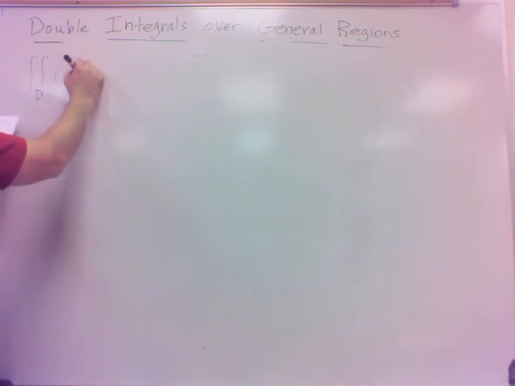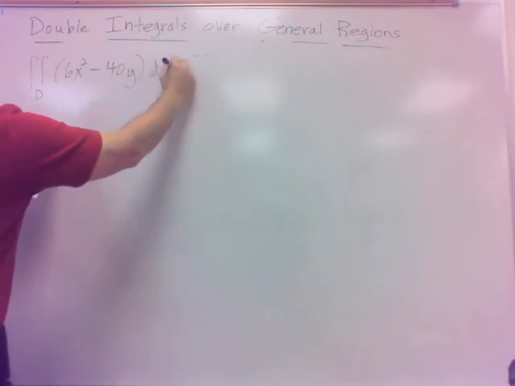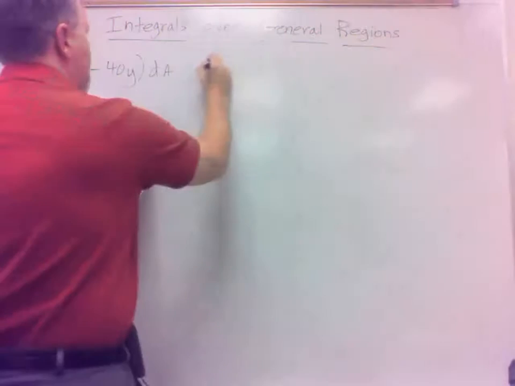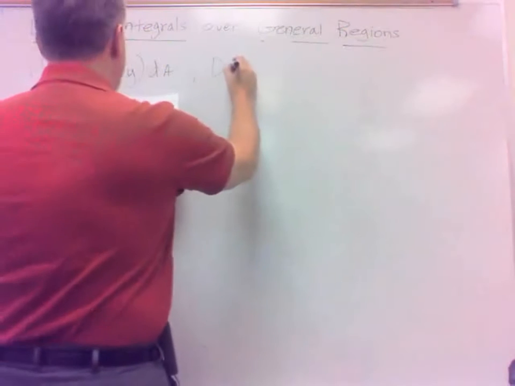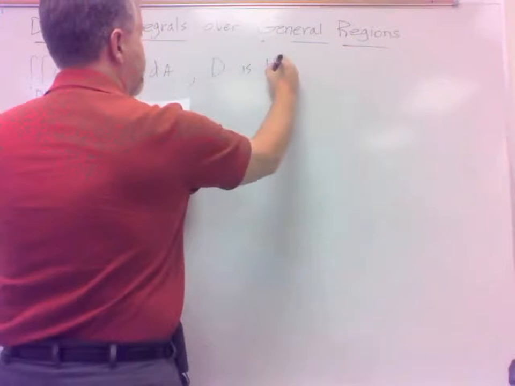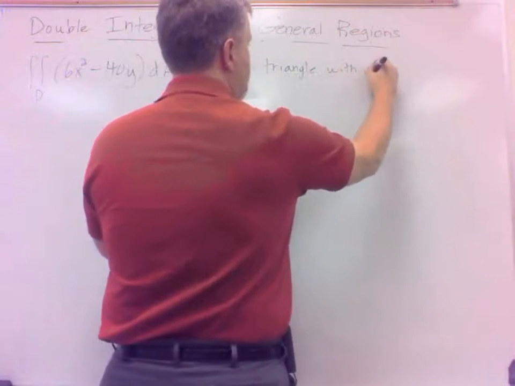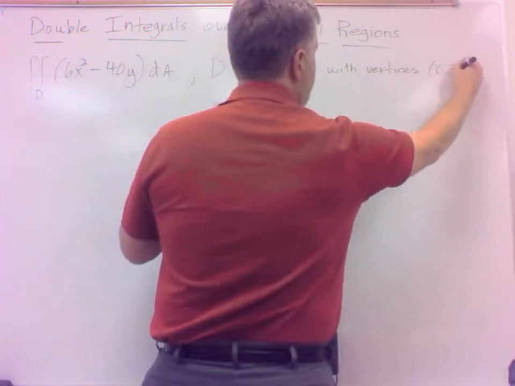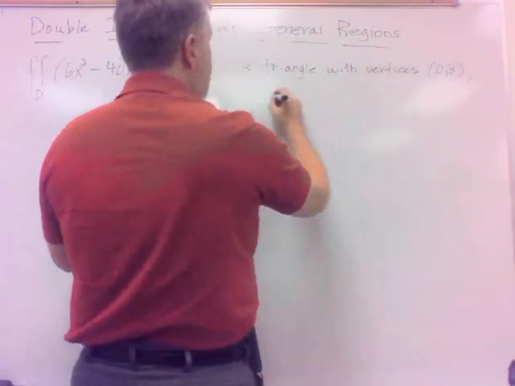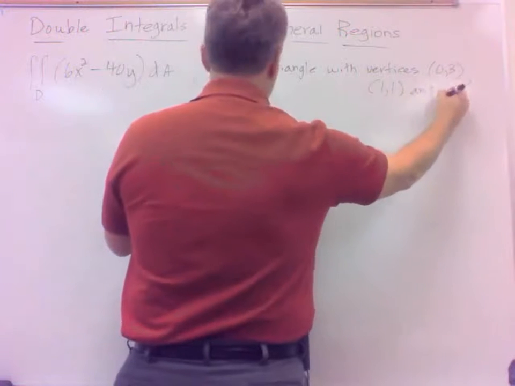Here's our next one to consider. Double integral of 6x squared minus 40y, and D is the triangle with vertices 0, 3, 1, 1, and 5, 3.